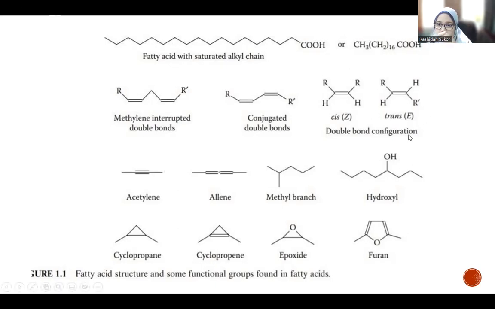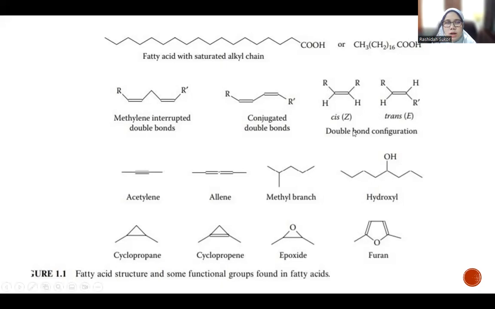Then we have trans, where it is perpendicular. The directions are perpendicular, like seeing it at 45 degrees. In 3D it is the other way around: one at the back, one at the front. So that is trans.